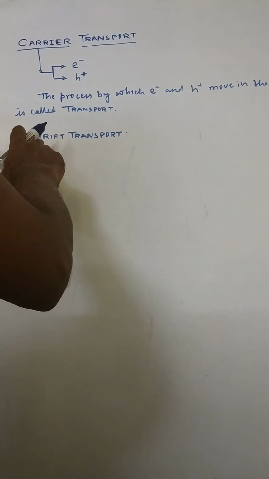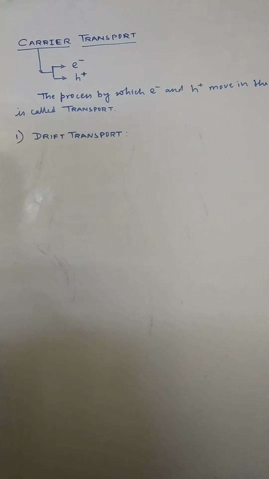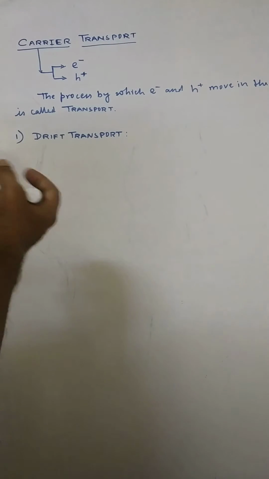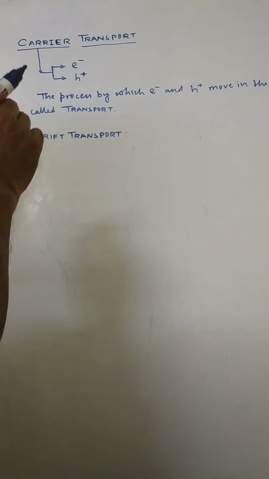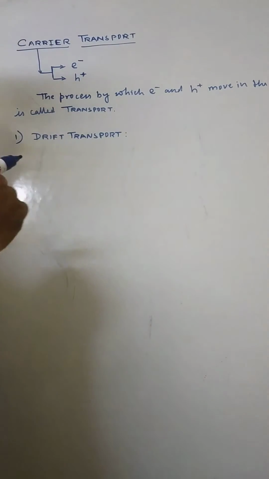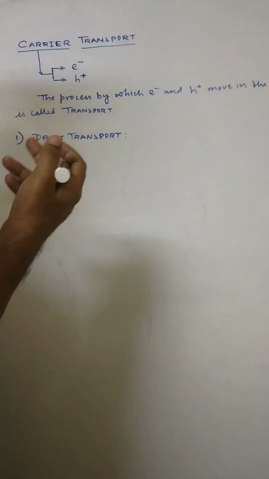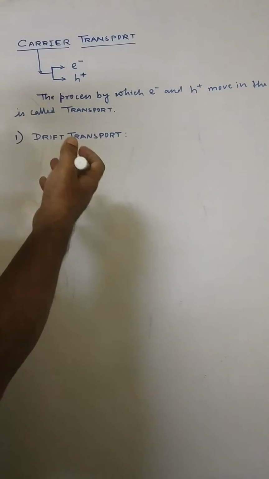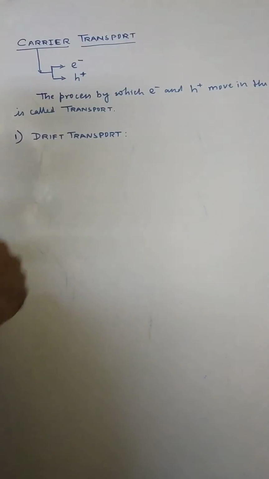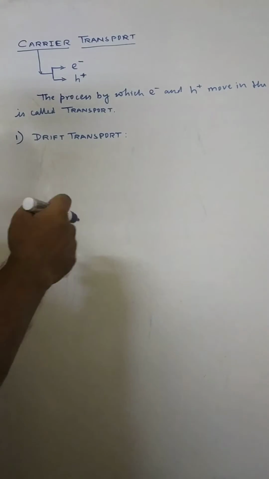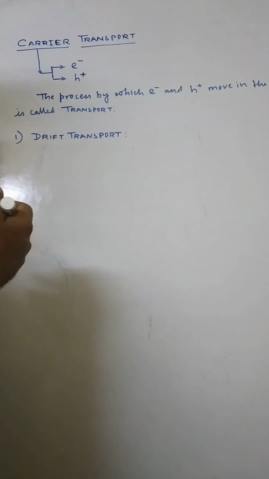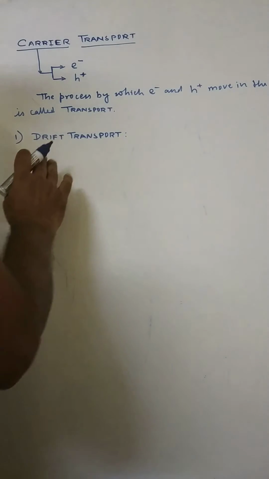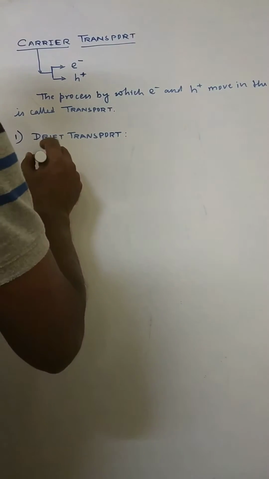When we apply an electric field to the semiconductor, electrons and holes experience a Coulombic force, due to which they start moving. So there is acceleration and consequently there is velocity.